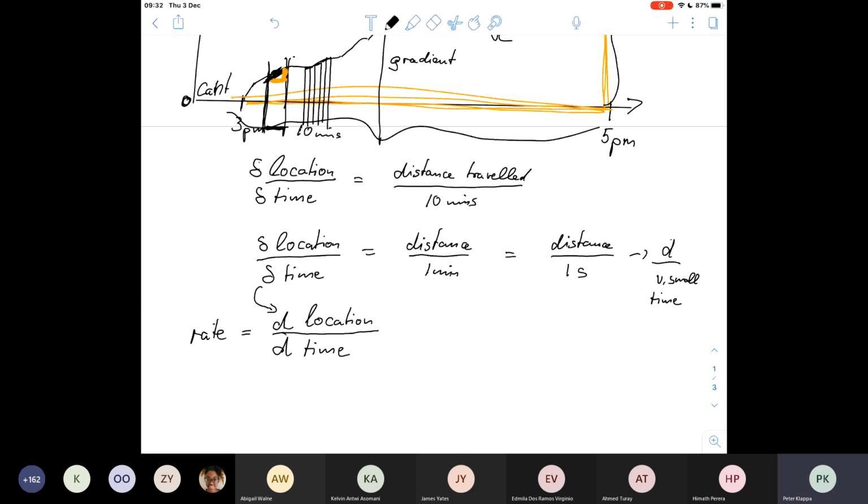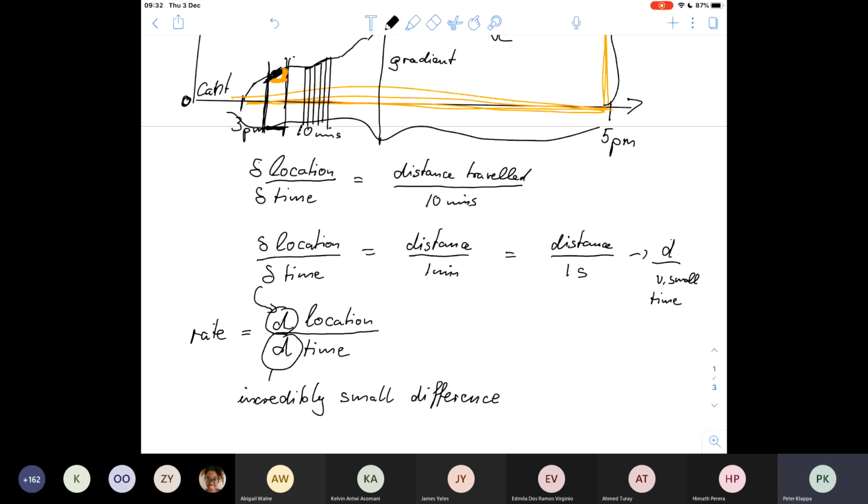And this d just means an incredibly small difference. That is what this d indicates.